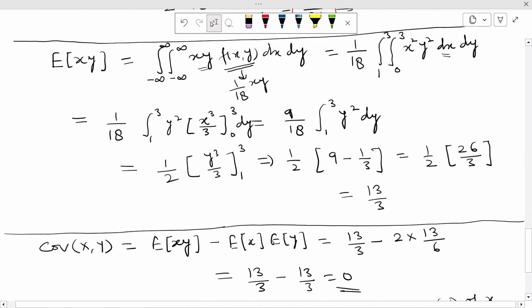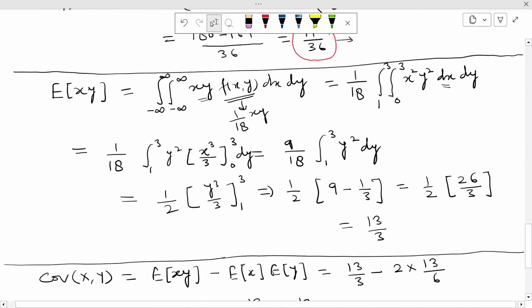Now in order to obtain the joint expectation, we have to integrate the product of xy with fxy within the limits minus infinity to plus infinity for both variables, and this fxy is 1 by 18 xy. So when we multiply this xy and this xy, we obtain x square y square, and after performing this integral we obtain 13 by 3.